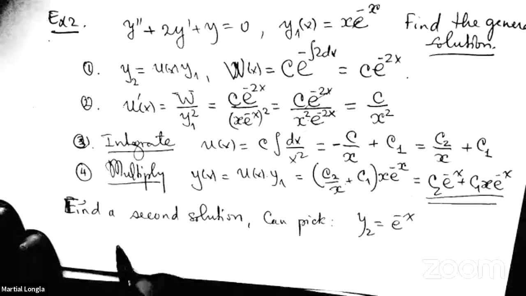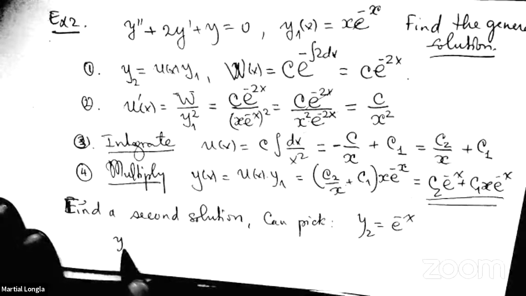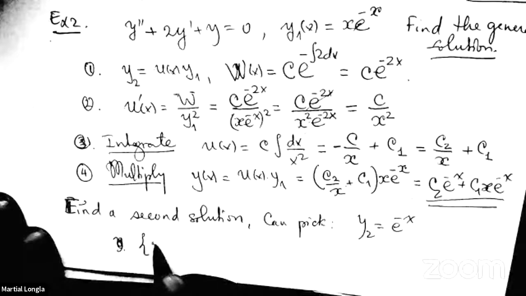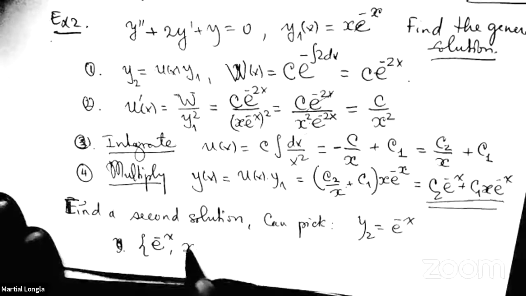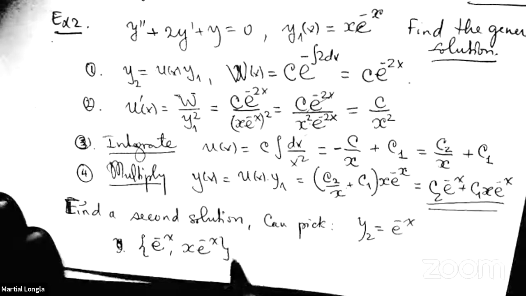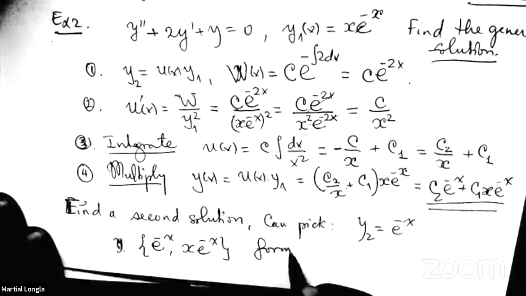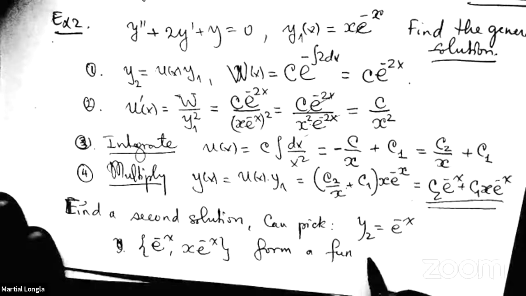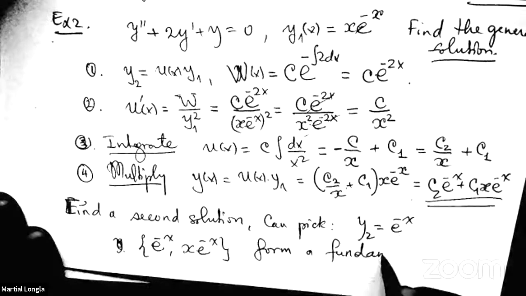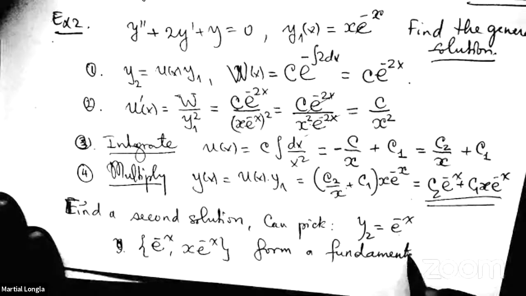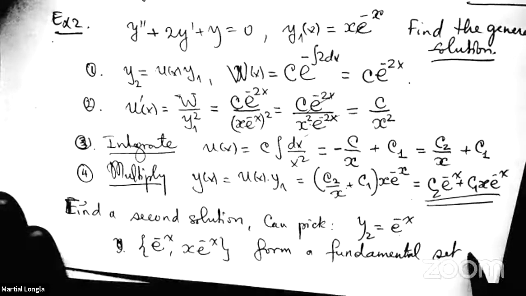And here we would say also that e to negative x and x e to negative x form a fundamental set of solutions, going back to the topic of the previous lecture.